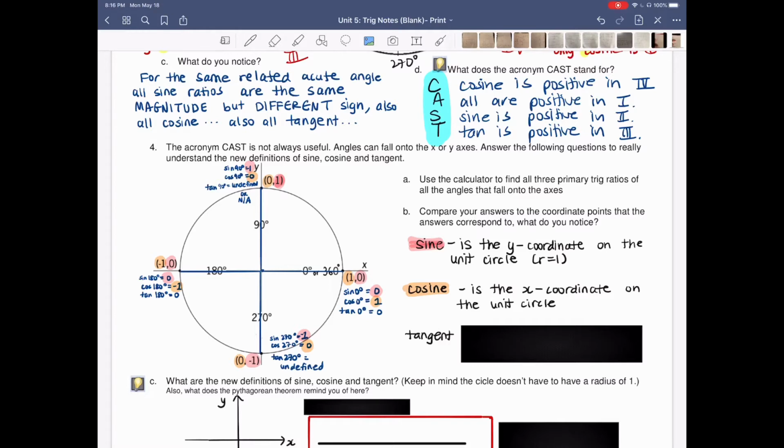So taking a step back for a second, when you take sine of 0 degrees and that equals 0, that 0 is actually referring to the y-coordinate of that coordinate. And when you take cos of 0 degrees and get 1, it was referring to the original x value of that coordinate.